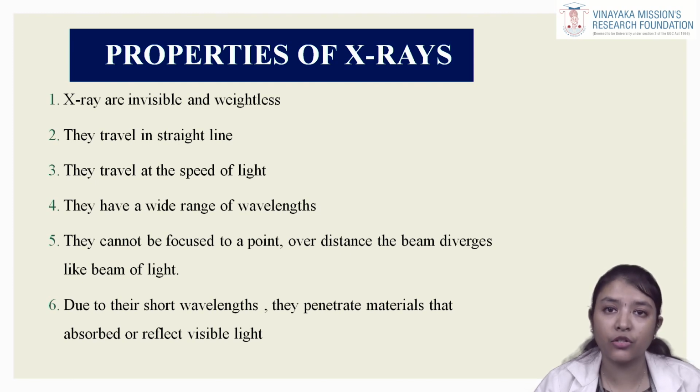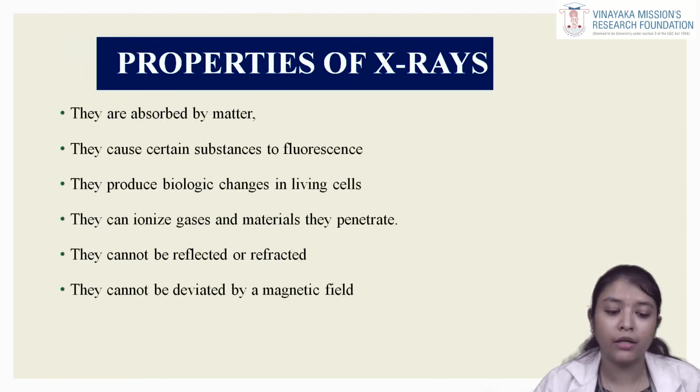They have a short wavelength that penetrates and absorbs or reflects visible light, and they are also absorbed by matter. Certain substances produce fluorescence, and X-rays produce biological changes in living cells, can ionize gases and materials they penetrate, cannot be reflected or refracted, and cannot be deviated by a magnetic field.